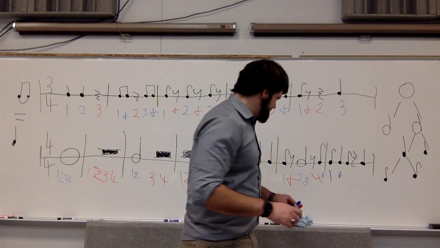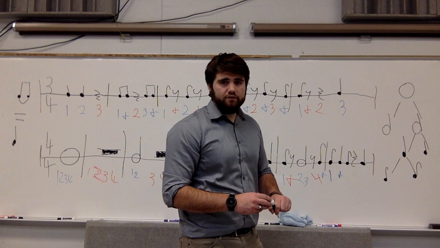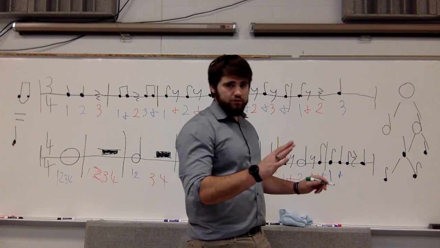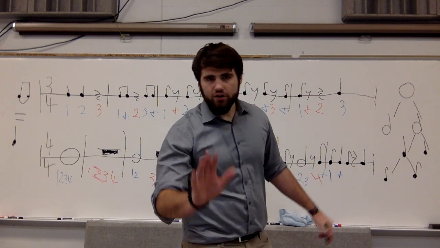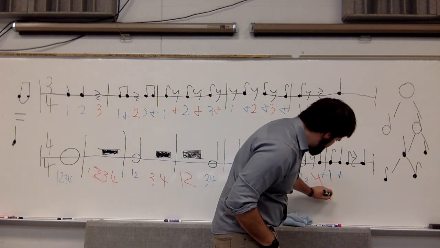Green marker. This quarter note is essentially equal to another way that I could have written this measure, and I didn't do this on purpose, was I could have written the measure like this.